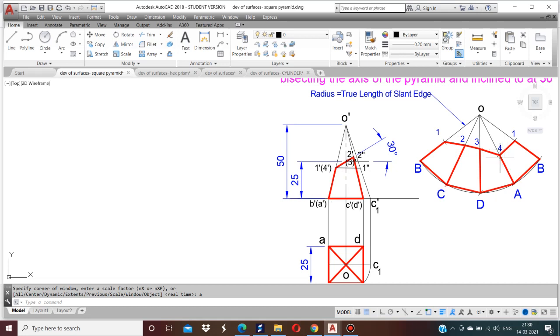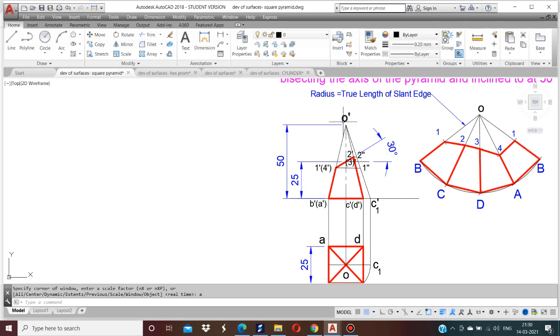Similarly, it starts at B and ends at B, so with O as center, cut an arc and mark it as 1. So 1, 4, 1 you complete in a single step, because 1 and 4 are at the same radius.